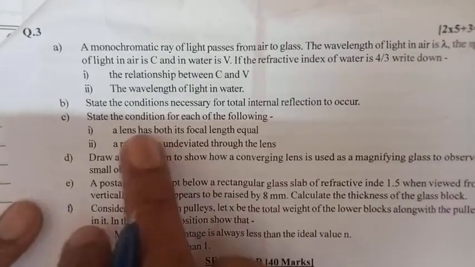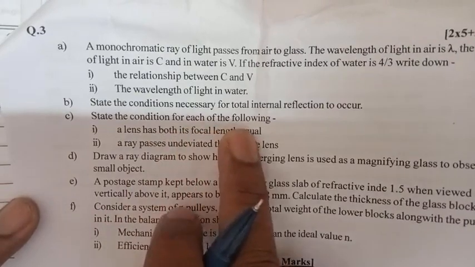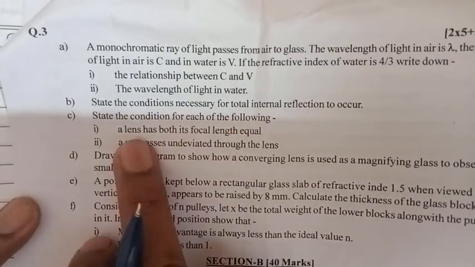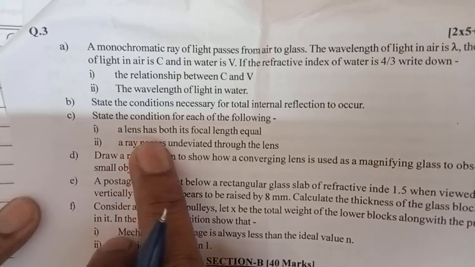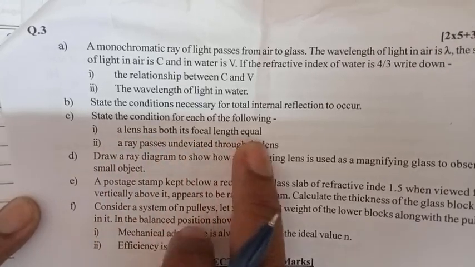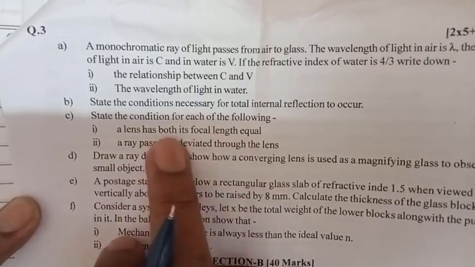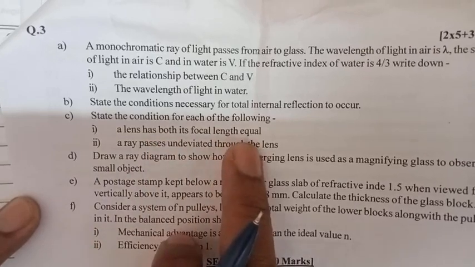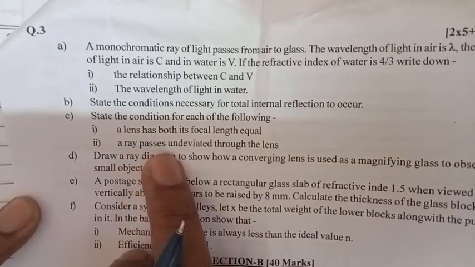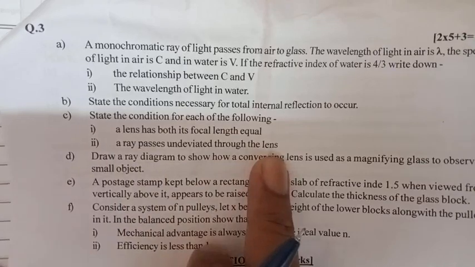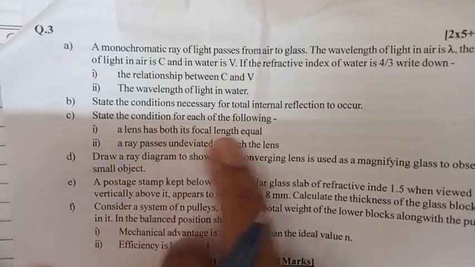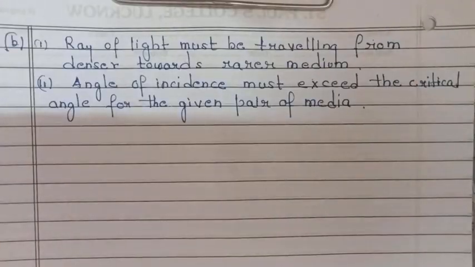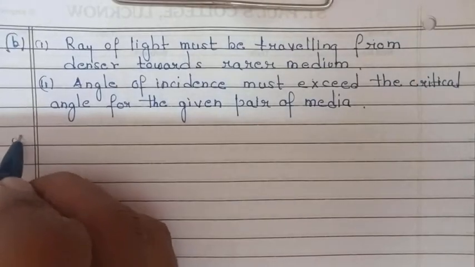Okay, now part C. State the condition for each of the following. The first one is you have to write the condition for a lens to have both its focal lengths equal. And the second is a ray passes undeviated through the lens. So first we will write the condition for a lens to have both its focal lengths equal.